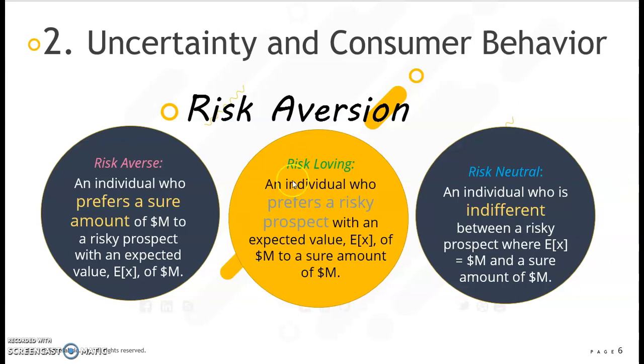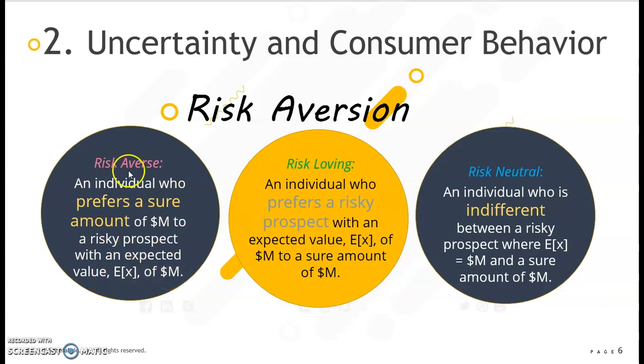The first one is risk averse: an individual who prefers a sure amount of $M to a risky prospect with an expected value of $M.